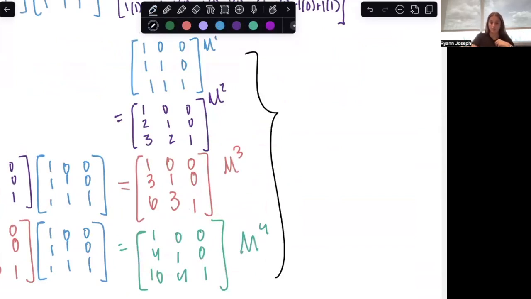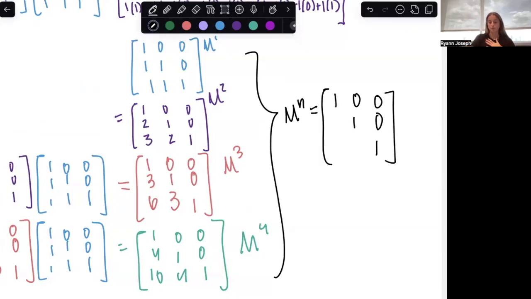For our m to the n, we can see that we always have 0 above the diagonal, so 0, 0, 0. We know it's always going to stay the same. We also see that we always have 1 on the diagonal, so 1, 1, 1. Now, what's changing within my matrix?